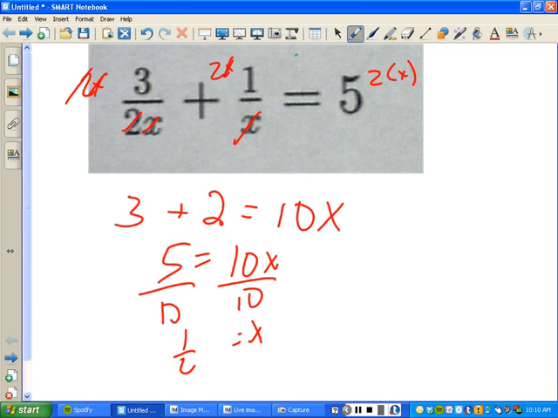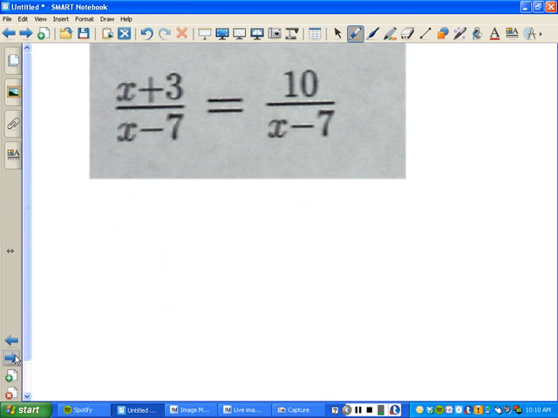Okay. Any questions on that? All right. Moving to the next one. What did you multiply both sides by? X minus 7. Good. Multiplying both sides by x minus 7.